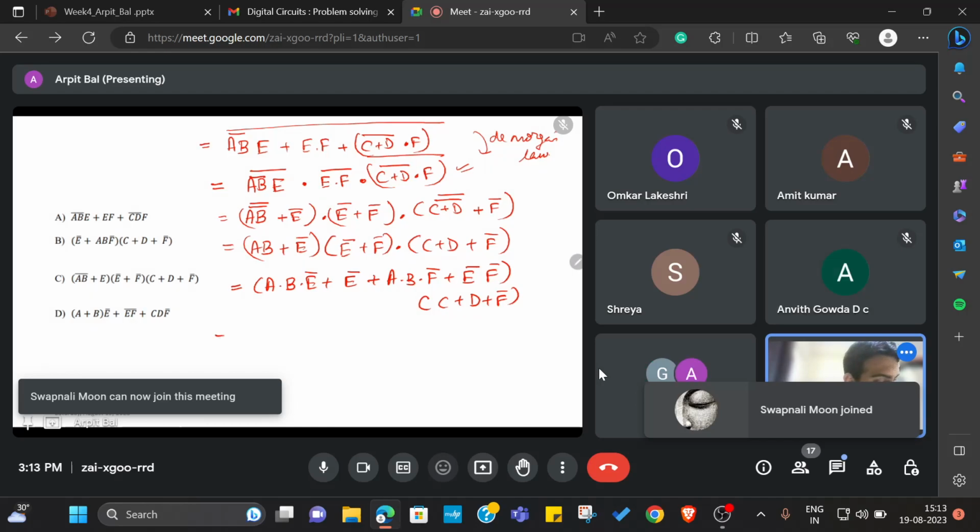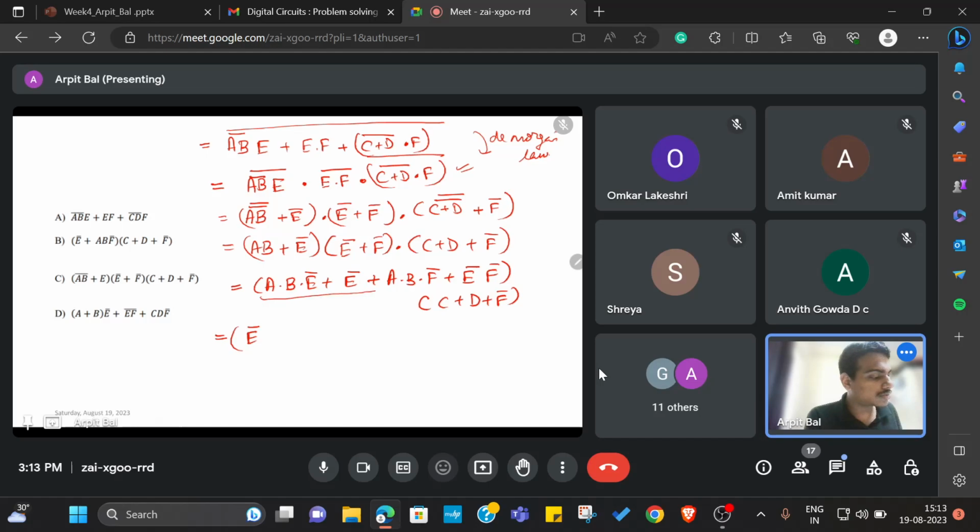Okay, so simplifying it further, from this equation we can take E bar common. These terms we can take E bar common. We will be left with 1 plus AB plus F bar plus AB F bar into C plus D plus F bar.